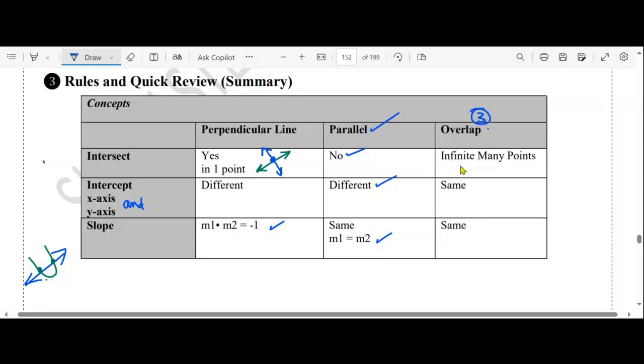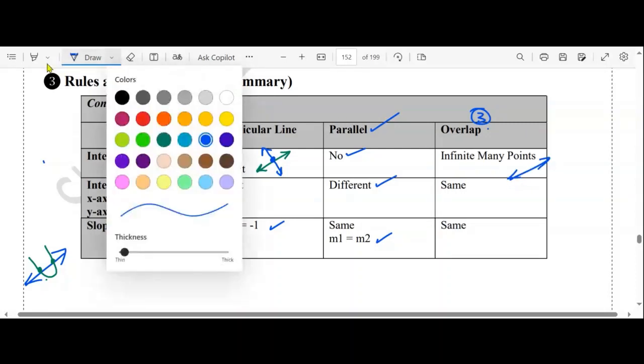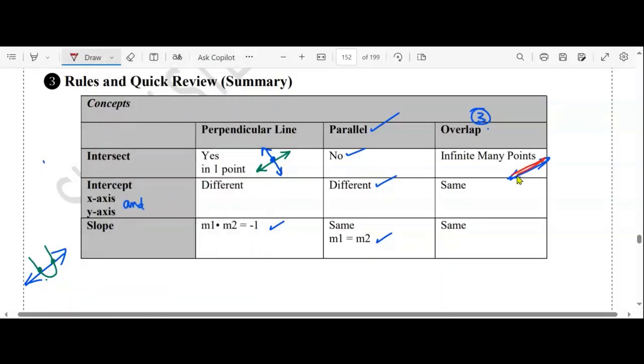Since the 2 lines are on top of each other, right? So that means what? Infinite number of solutions or points. And the x, y intercepts, same. The slope, same. So as you can see, when it's parallel, the slope is also the same. Is this clear?